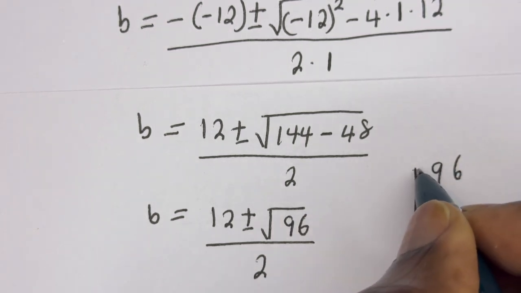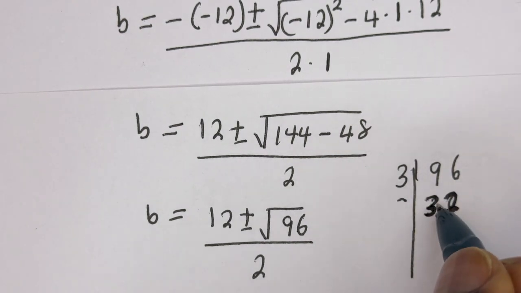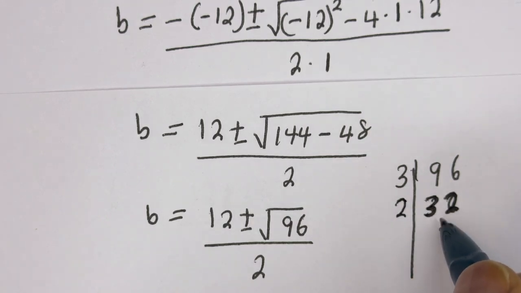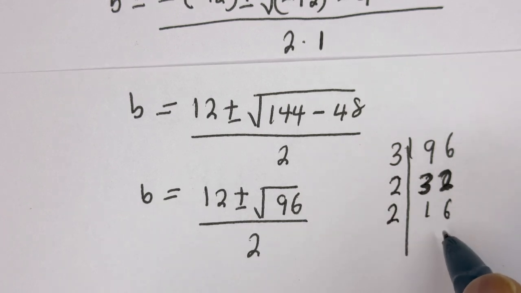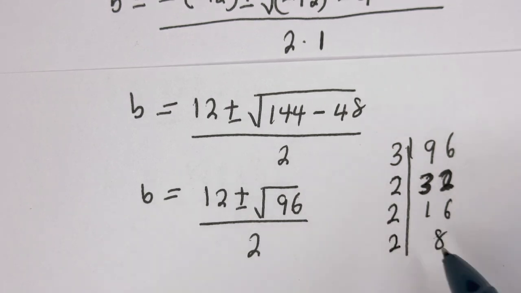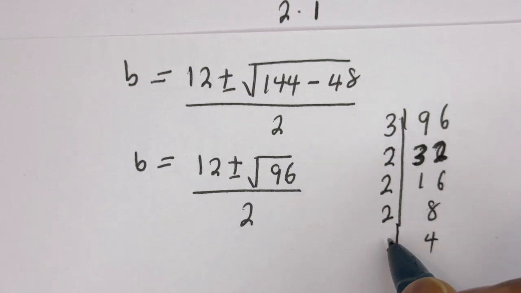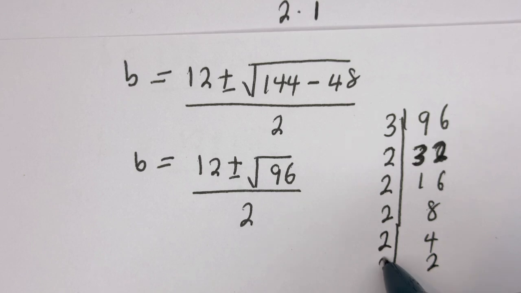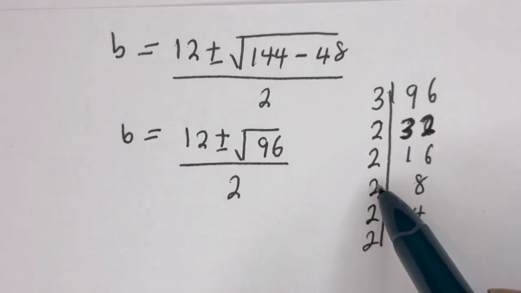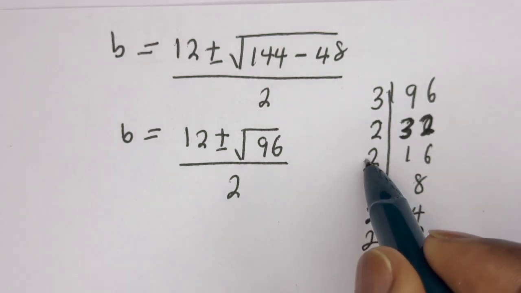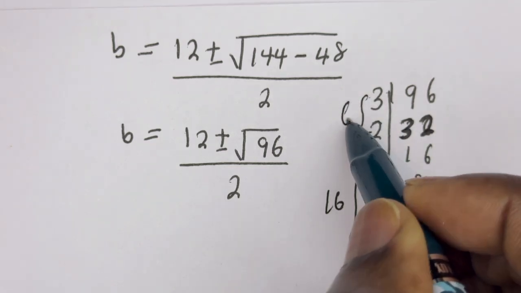For 96, something goes in here, 2. Dividing by 2 repeatedly: 96 divided by 2 is 48, 24, 12, 6, and 3. So 2 times 2 is 4, times 2 is 8, times 2 is 16, and the 3 times 2 here is 6.